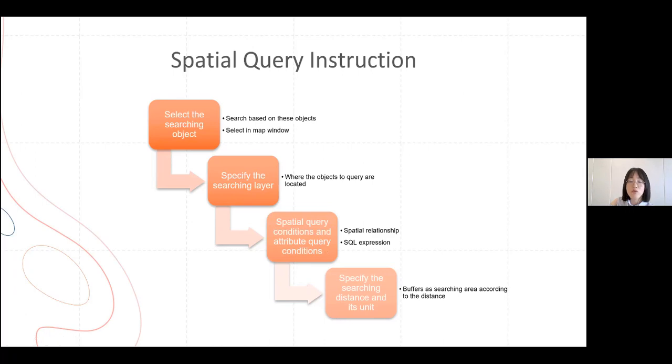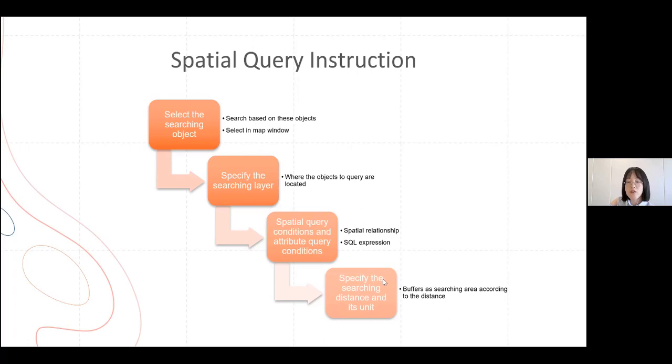That is to say, not only can we conduct our query based on the spatial relationships between features, but also we can add score expressions like what we did in score query, so that we can add more criteria for our searching.